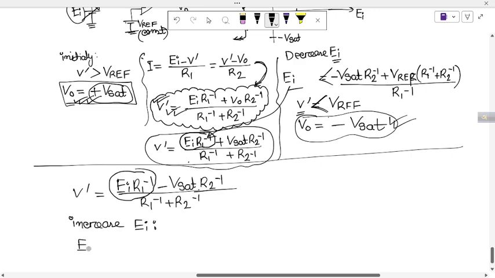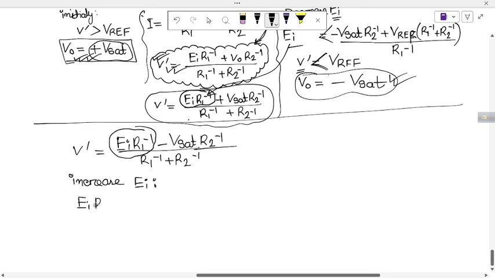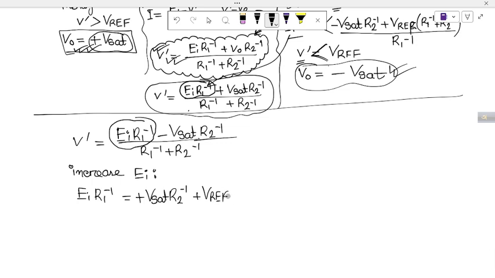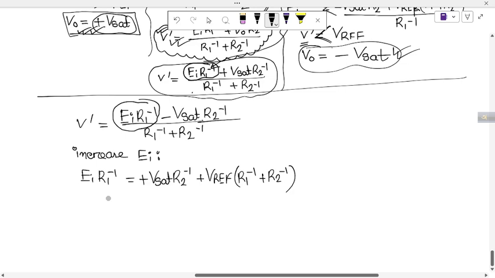When EI R1 inverse is equal to plus Vsat R2 inverse plus V reference times R1 inverse plus R2 inverse, V prime is equal to the reference voltage.